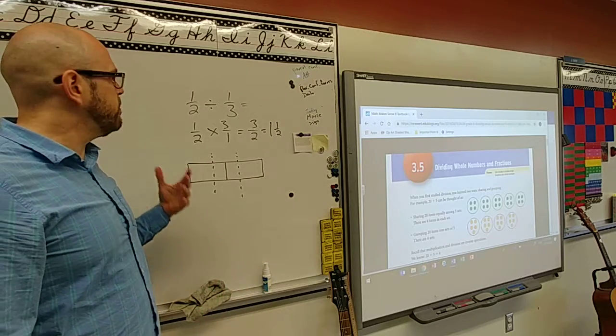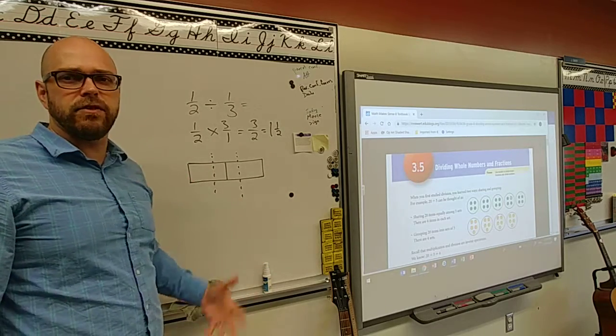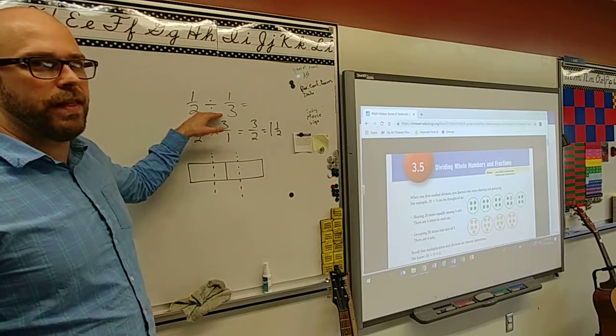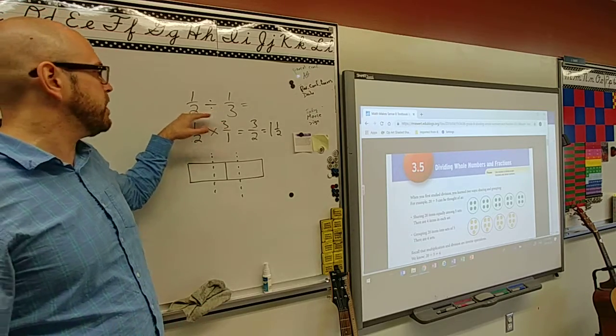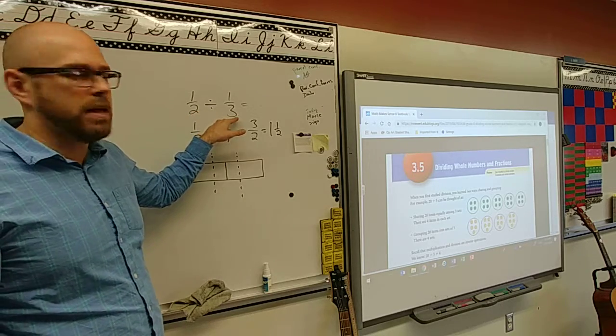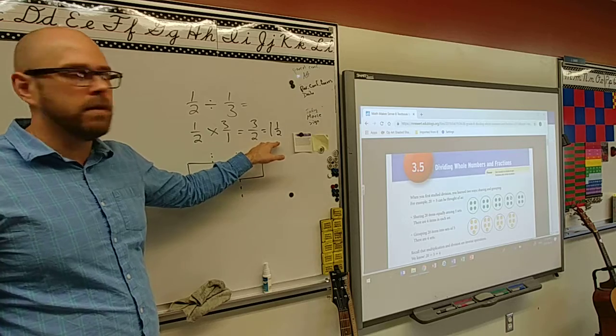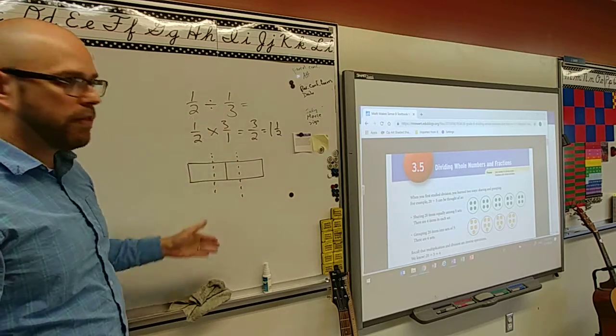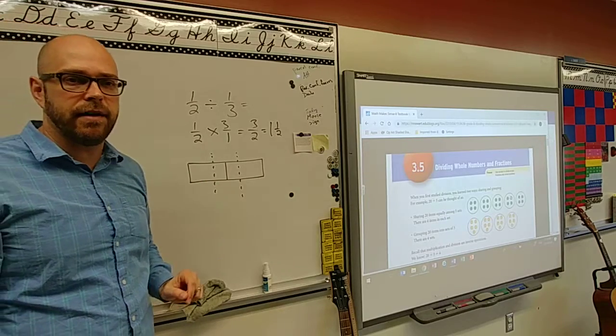It would be really weird for 4 divided by 2 to be 8 or 10 or something bigger. So kids think, that can't be, because it seems to be getting bigger. How can I have a small number, something that makes things smaller, with another small number, and have a bigger number? This is saying I'm cutting a half into thirds. How many thirds fit in a half?